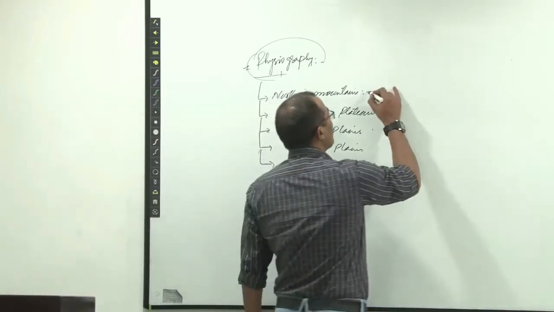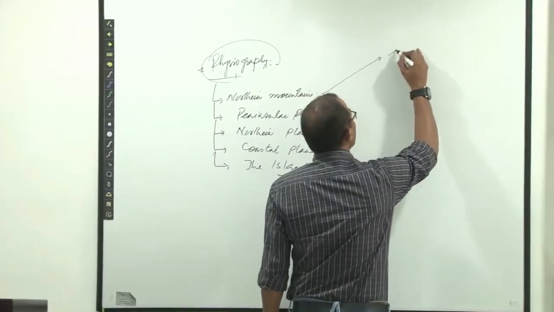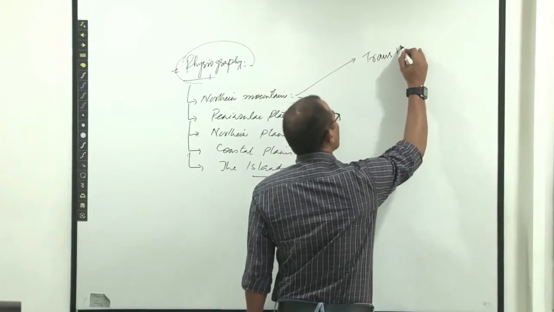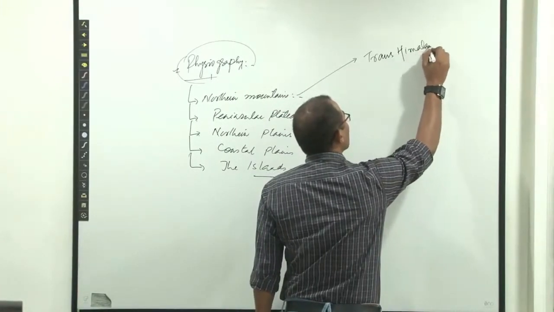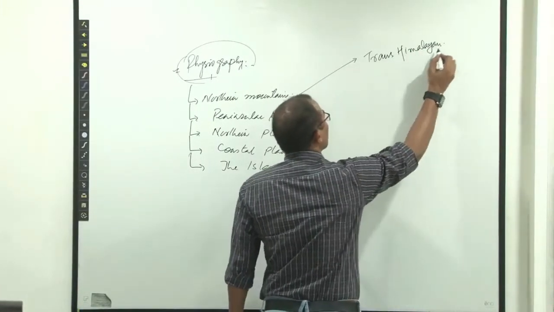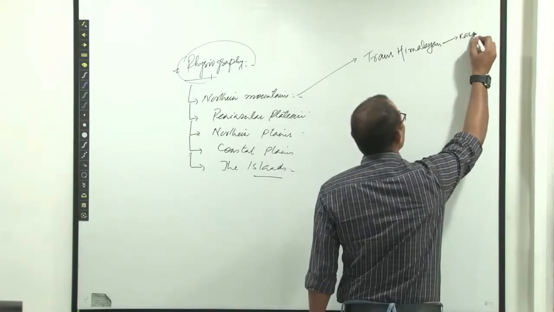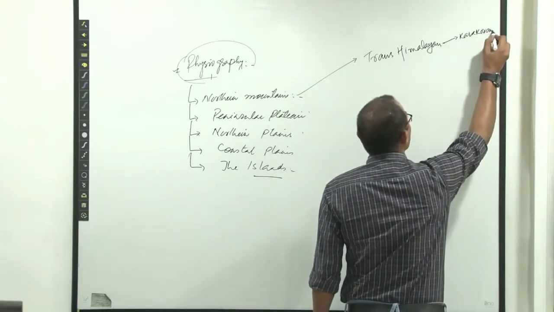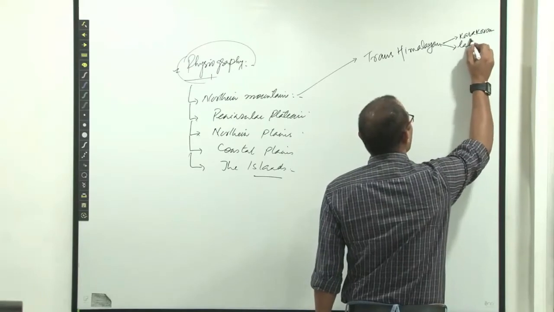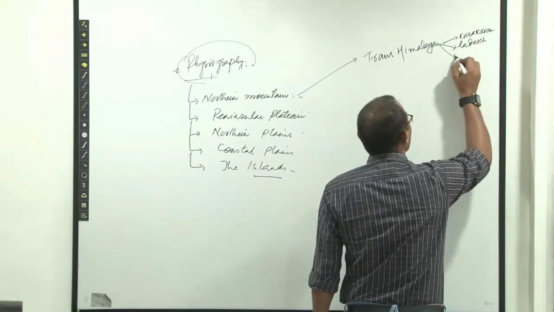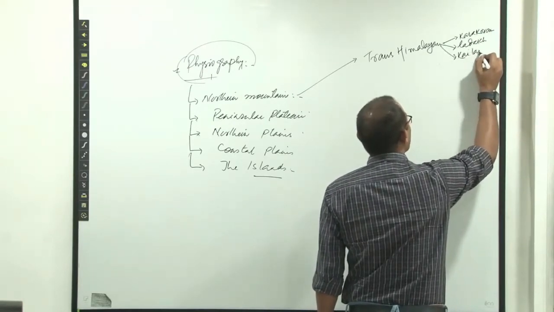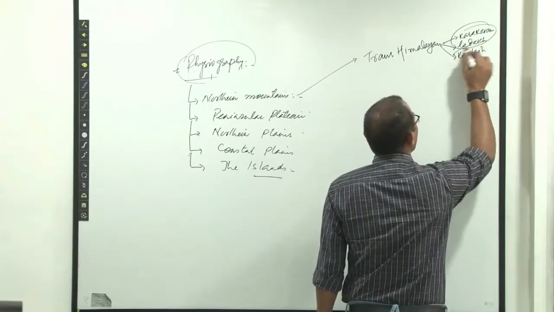Northern mountain includes Trans-Himalayan mountain, for example Karakoram, Ladakh range, Kailash range, these 2 in India and this is in Nepal.